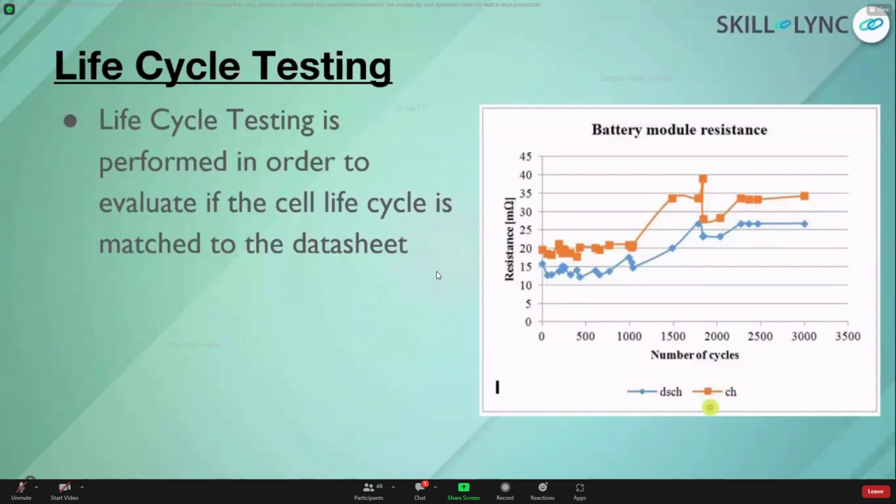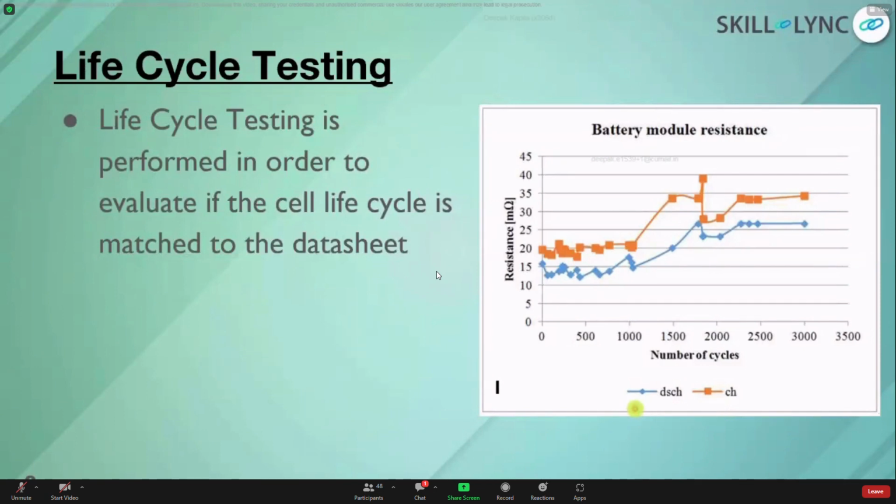We already know that one cycle means one charge and one discharge. Whenever we do life cycle testing, we do both discharge and charge in one cycle. That's why you can see two lines in this graph.